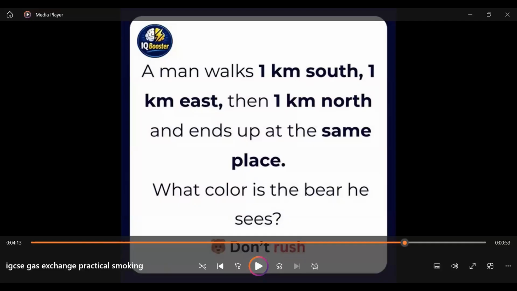Let's see the answer. There is no very strong thing to find for this answer.